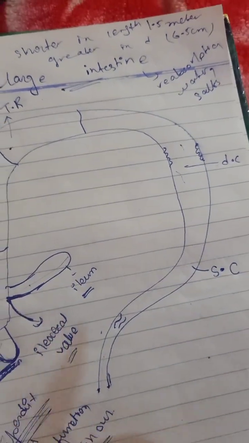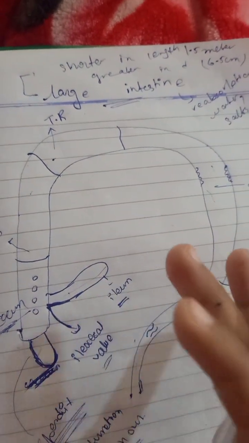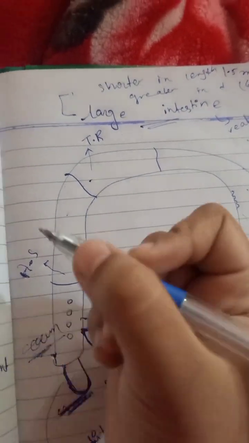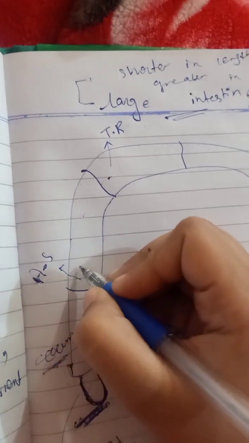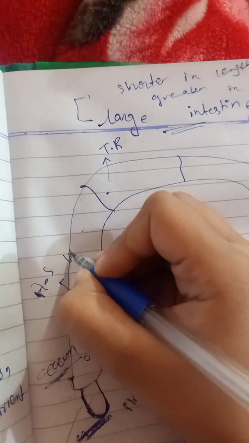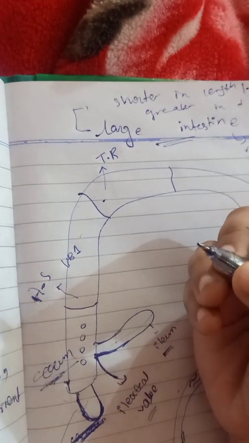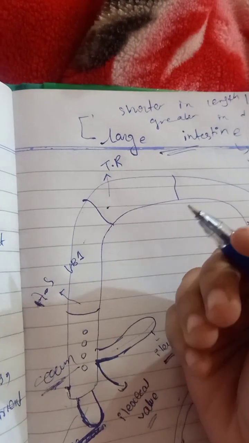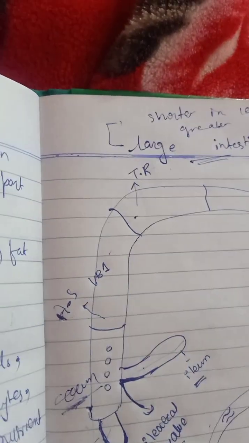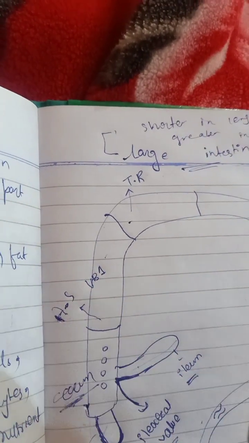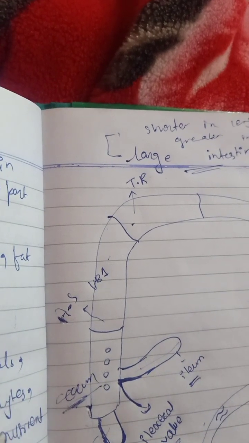In the colon, the reabsorption of water and salts occurs. In the ascending colon, vitamin B1 is reabsorbed, which is riboflavin. This is vitamin B12.